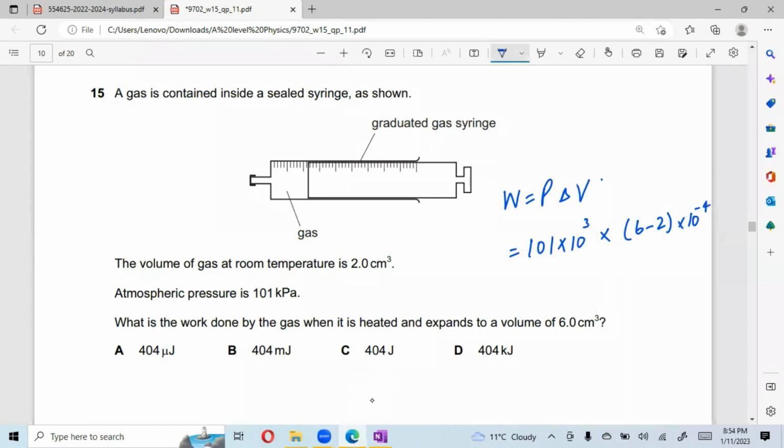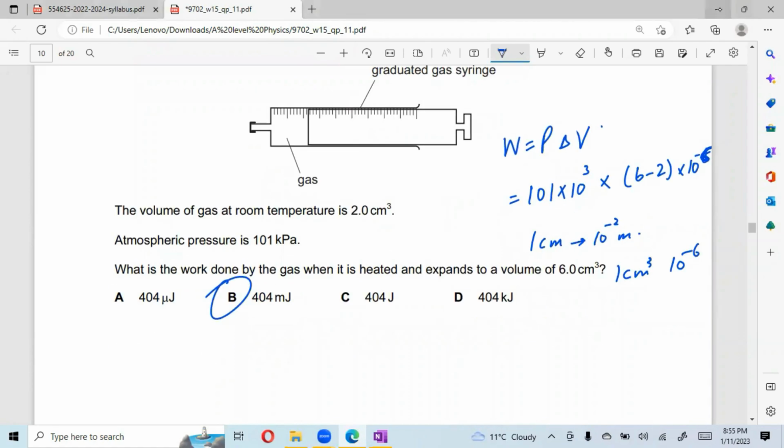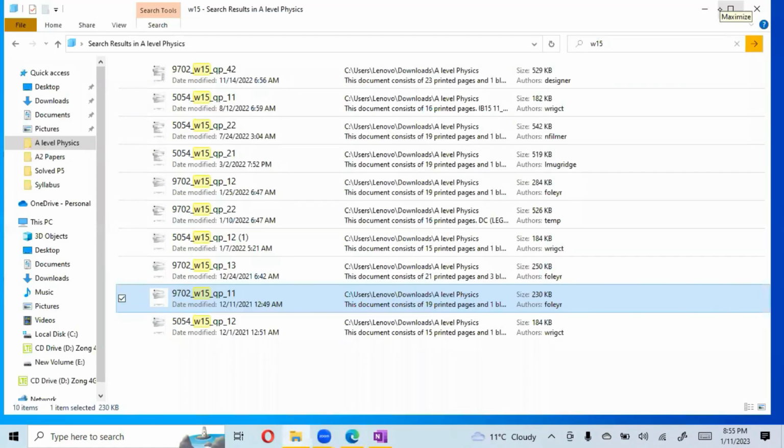When you calculate this, your answer will be B. A gas is contained inside a sealed syringe as shown. This is in cm cubed, so you convert to minus 6. 1 centimeter is equal to 10 raised to power minus 2 meters. 1 cm cubed is 10 raised to power minus 6. Your answer will be B.